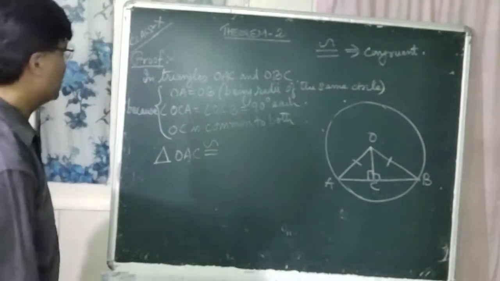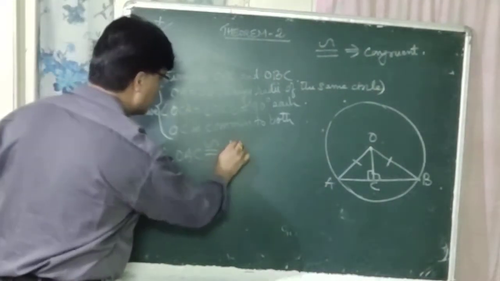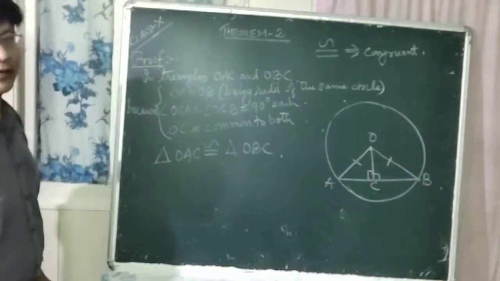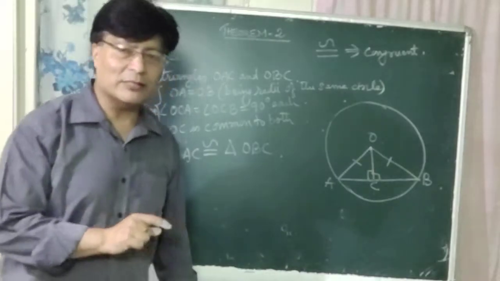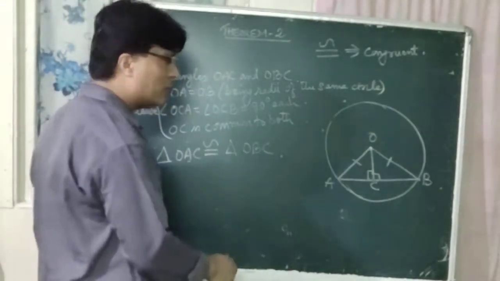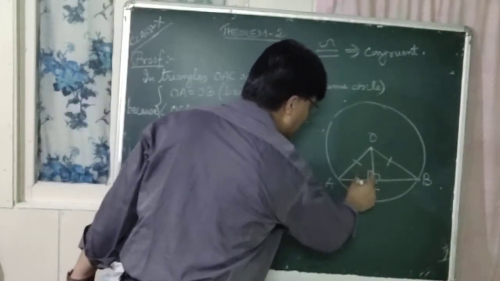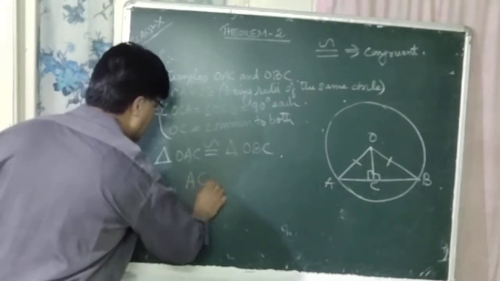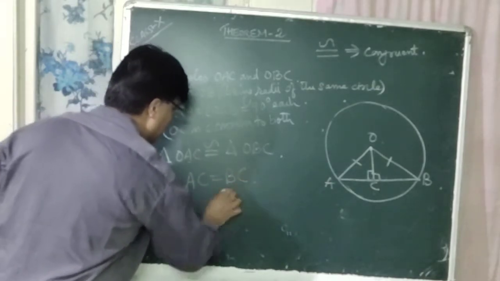Congruent, right? So triangle OAC is congruent to triangle OBC. That means they are equal in all respects. So these two triangles are equal in all sides, equal in all angles. That means from these two triangles we can write that AC is equal to BC.